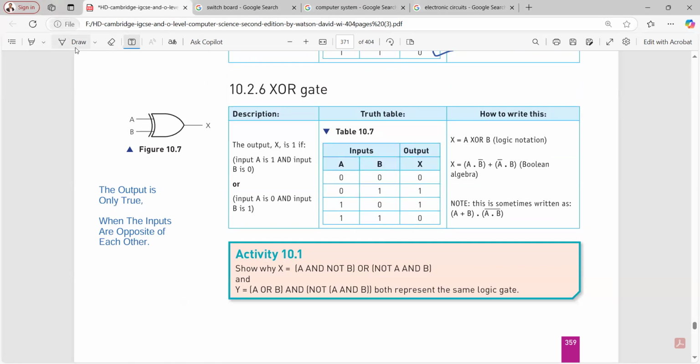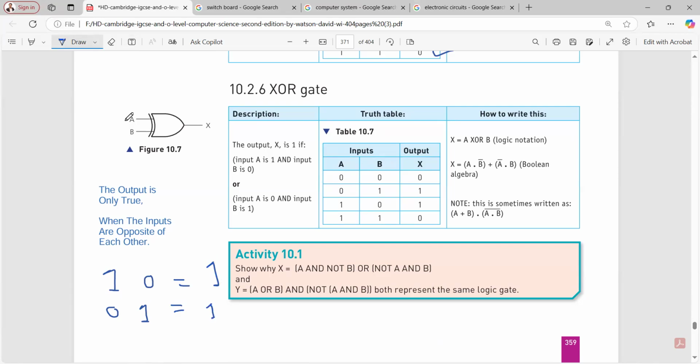I mean to say that when the inputs are opposite, for example 1 and 0, they are opposite of each other. Or when the inputs are 0 and 1, when they are opposite of each other, only then the output is going to be true. That means the output is going to be 1 only in this condition.